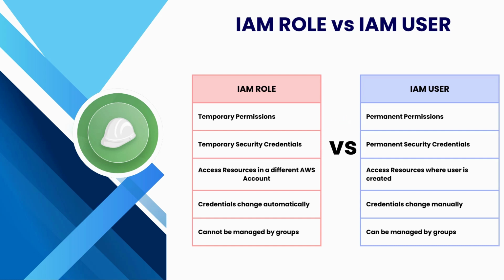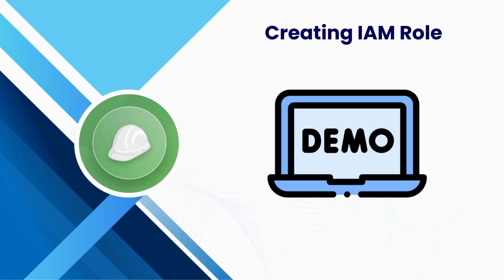Unlike IAM roles, credential rotation for IAM users is not automatic and requires manual intervention. IAM users can be organized into IAM groups where permissions assigned to a group automatically apply to all its members, simplifying permission management.